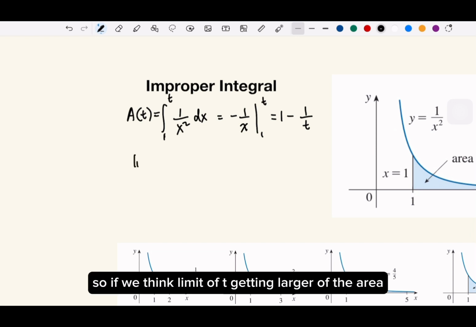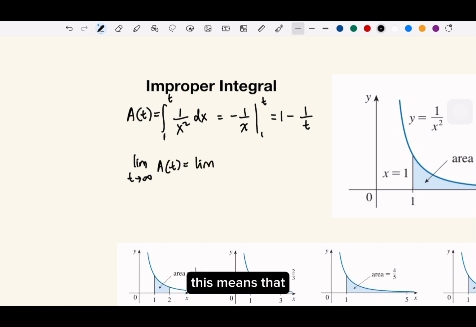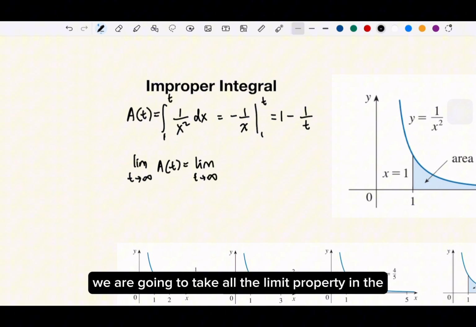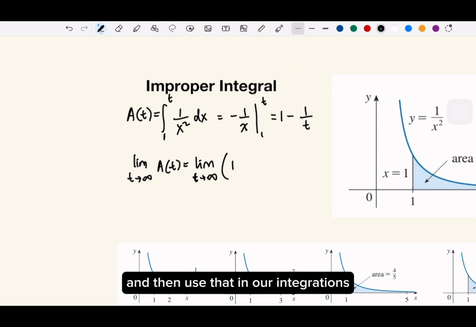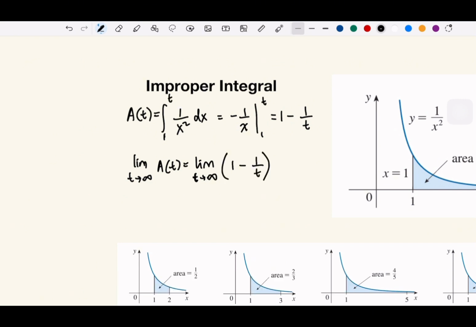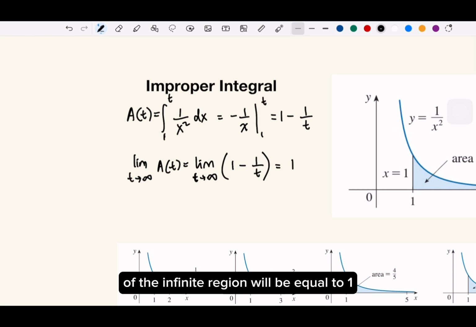If we take the limit of the area as t gets larger, we use the limit properties from the early classes in our integrations. So this is 1. So we say that the area of the infinite region will be equal to 1.